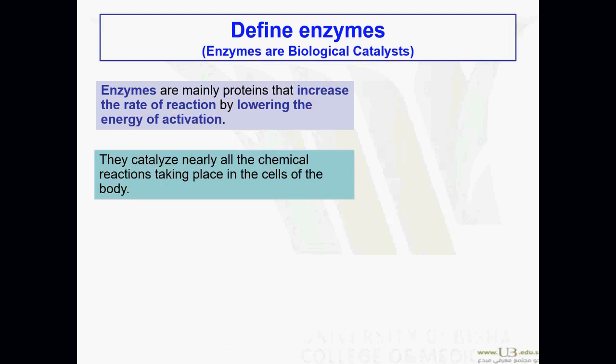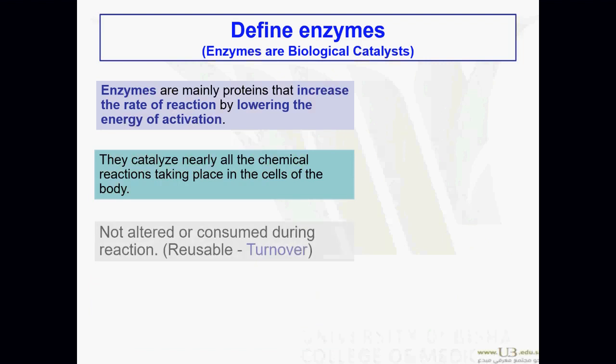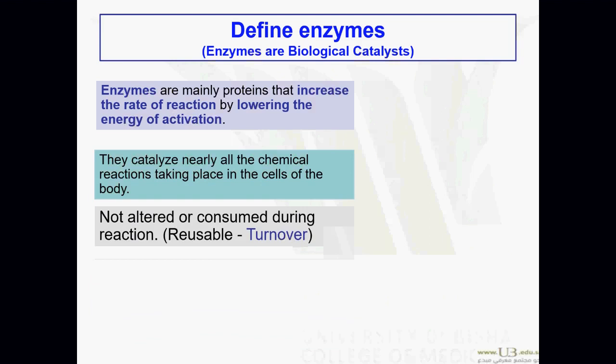The enzymes usually catalyze almost all types of chemical reactions in the body or the living cells, whether animal, plant, or human. It's well known that, like a normal chemical catalyst, enzymes are not altered or changed significantly in their shape or chemical nature, and they are not consumed.